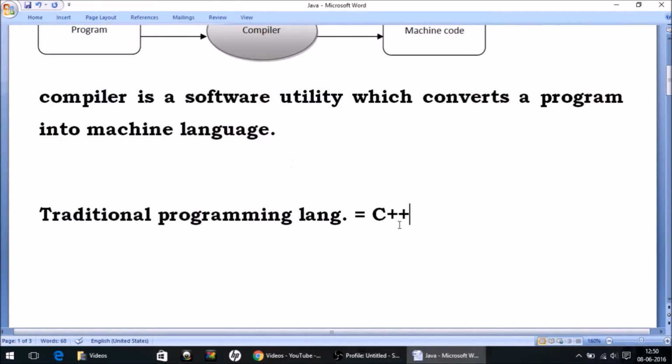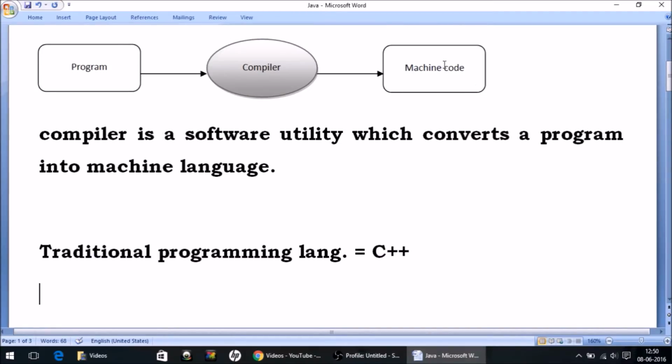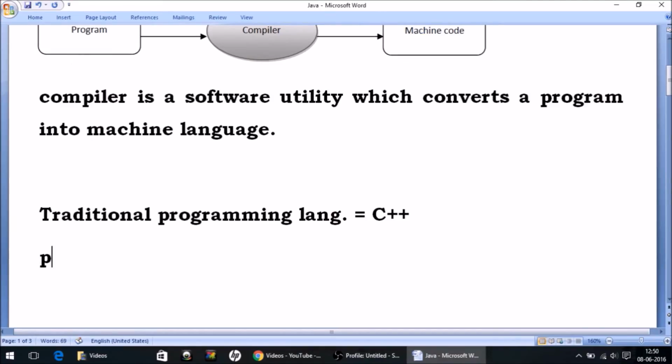The problem with this approach is that the machine code or the executable code which is generated is platform dependent.